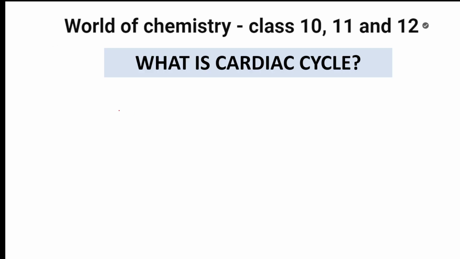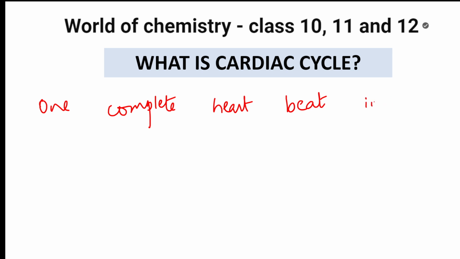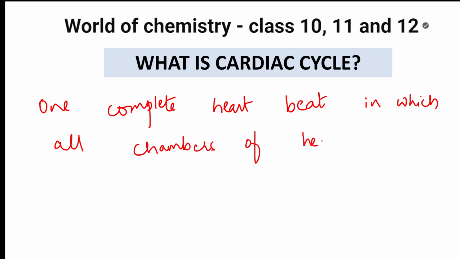Yes. So cardiac cycle is nothing but one complete heartbeat. I said, systolic and diastolic. Yes, one complete heartbeat in which all chambers of the heart contract and relax once.